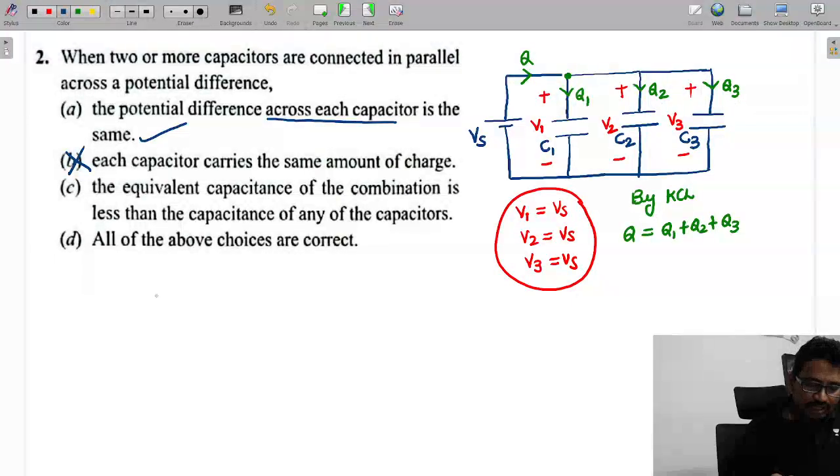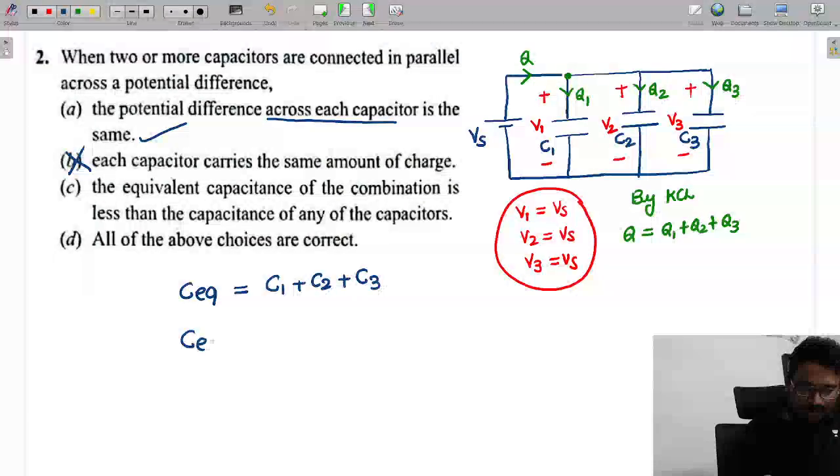Next, the equivalent capacitance of the combination is less than the capacitance of any of the capacitors. That was the series case; now it is a parallel case. In the parallel case, the equivalent capacitance is the sum of all the capacitances, C1 plus C2 plus C3.